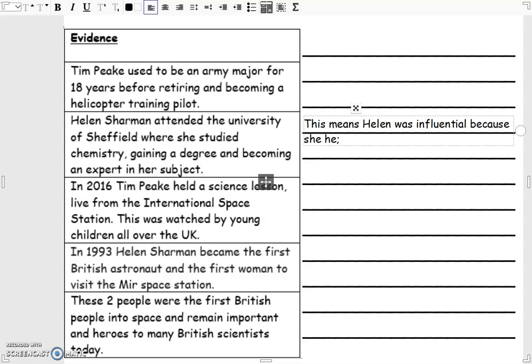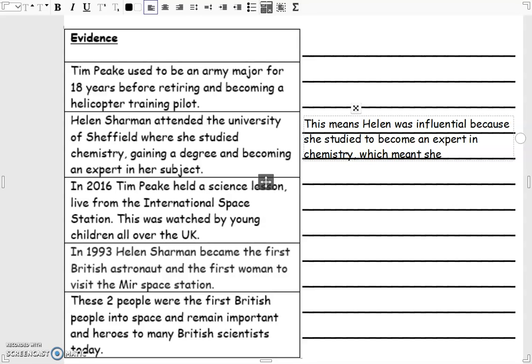She studied to become an expert in chemistry, which meant she could find new chemicals and experiment with them properly in a great way, and she's helped people's understanding of space so much.